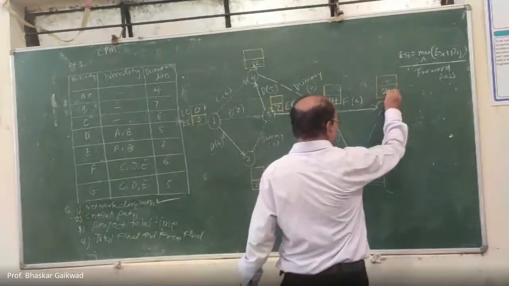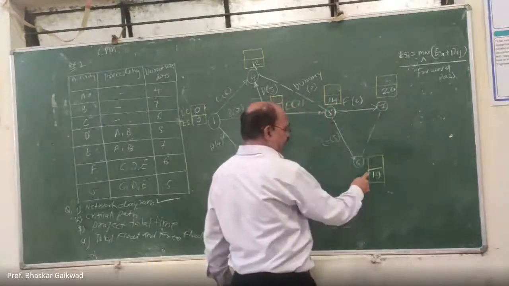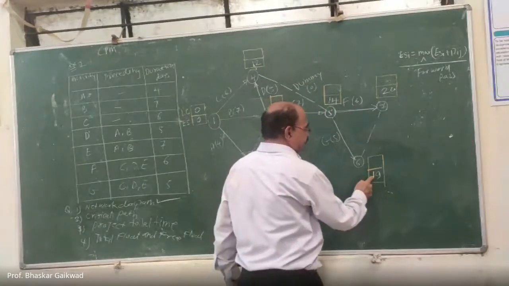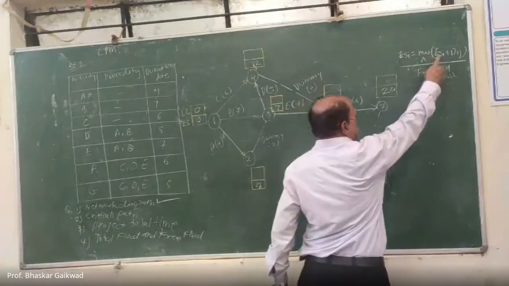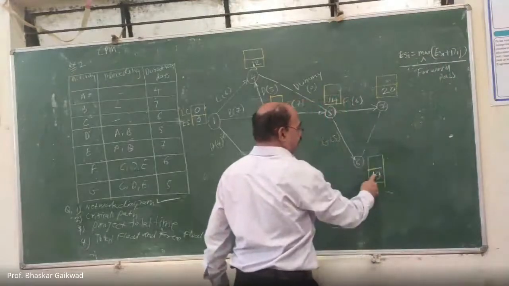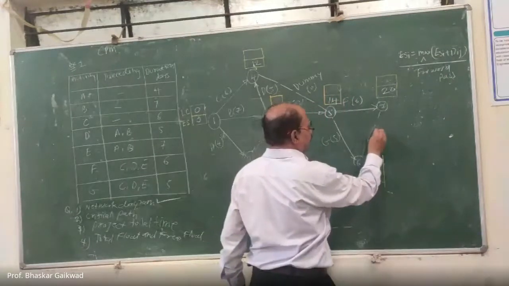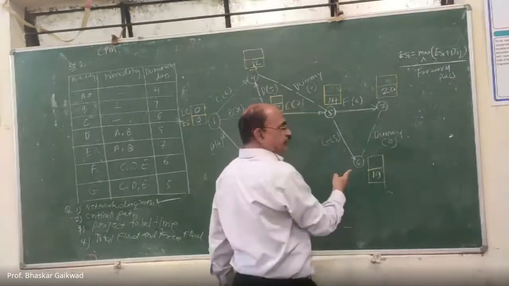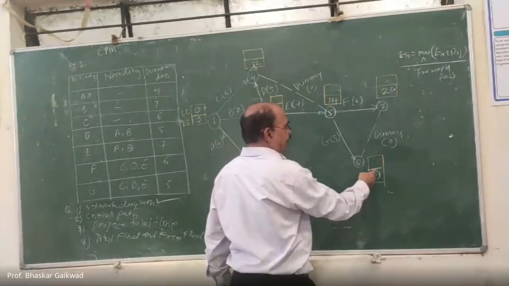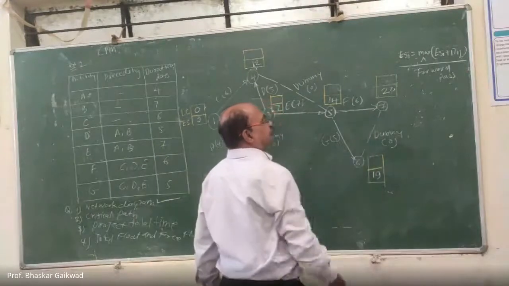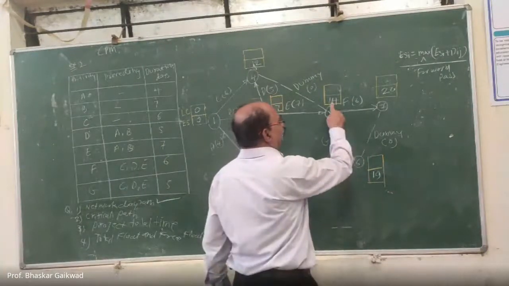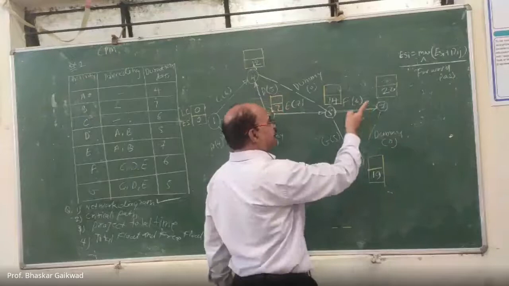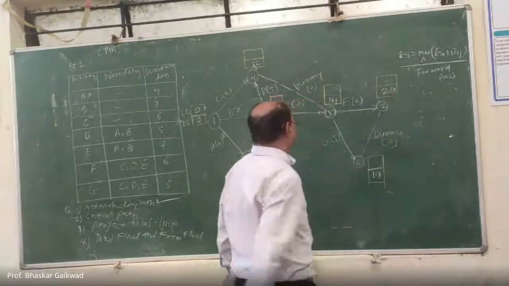Why 20 here? We required this plus duration. This is the dummy activity, and the dummy activity time is 0. So 19 plus 0, 19. And 14 plus 6, 20. Which is the maximum? 20. So that's why 20 is here.